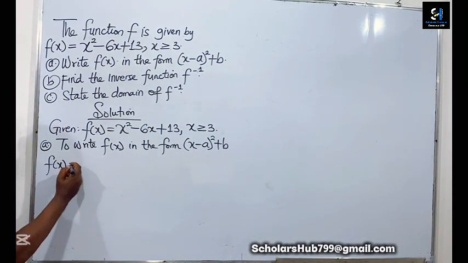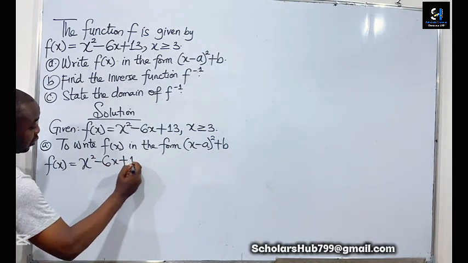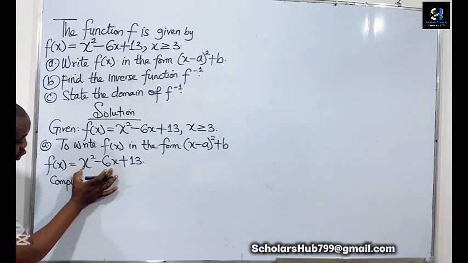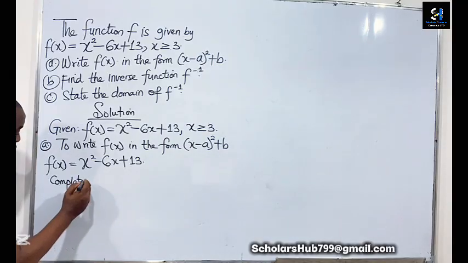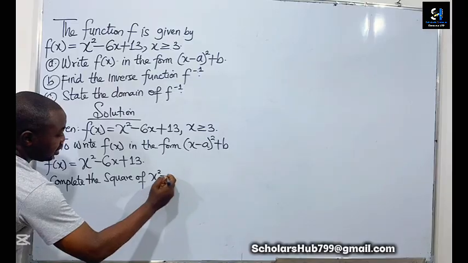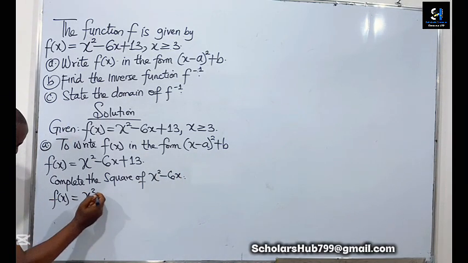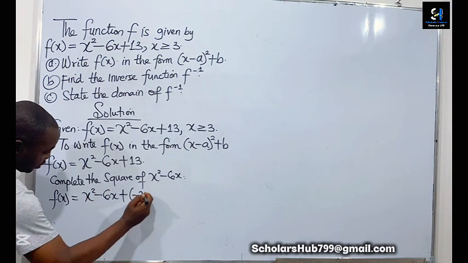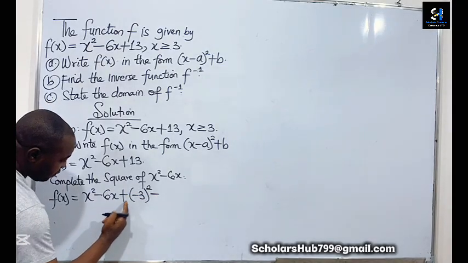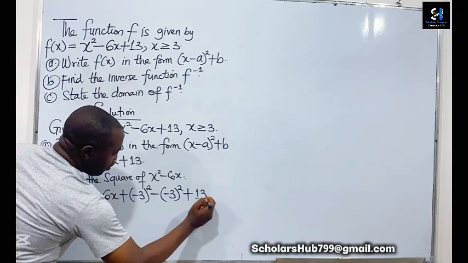So the function is f of x equals x squared minus 6x plus 13. The first thing to do is to complete the square of x squared minus 6x. So we have f of x equals x squared minus 6x plus (minus 3) raised to the power of 2, then I'll subtract it again, so this will be (minus 3) raised to the power of 2 plus 13.